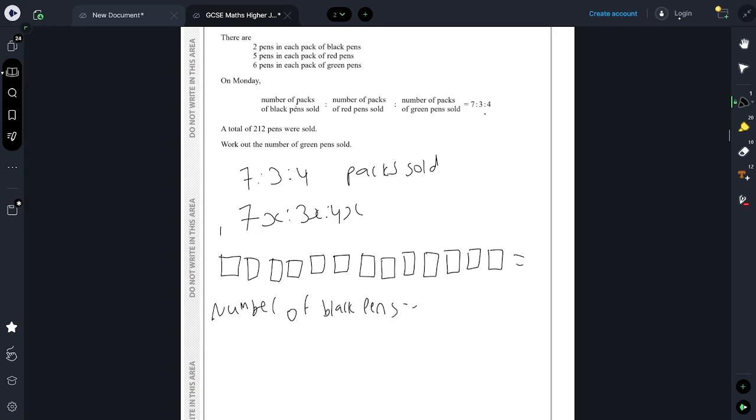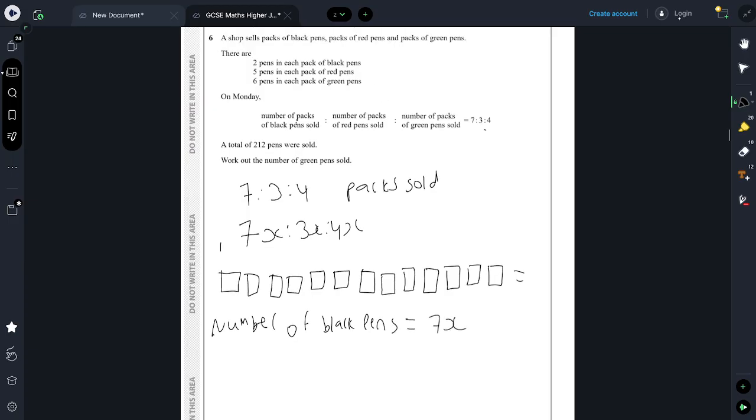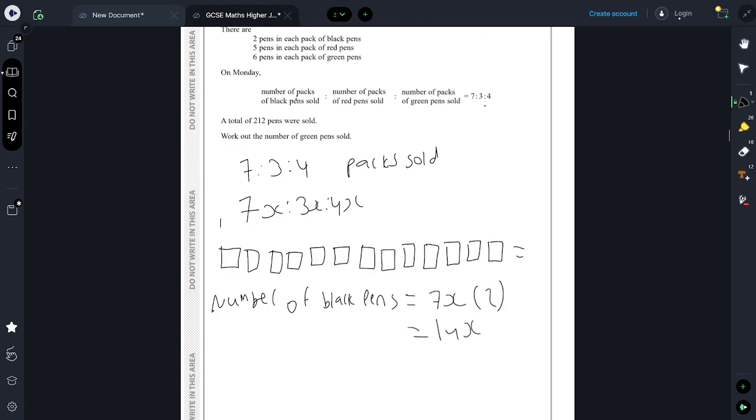Well, we know the number of packs is 7x. But in each pack there were 2 pens. So each pack has 2, but there are 7x packs. So in total, the number of black pens is 14x.